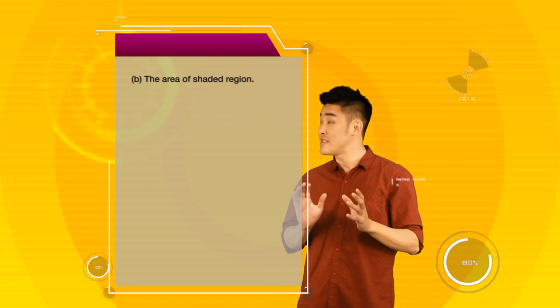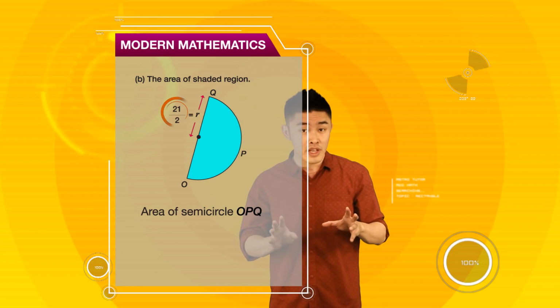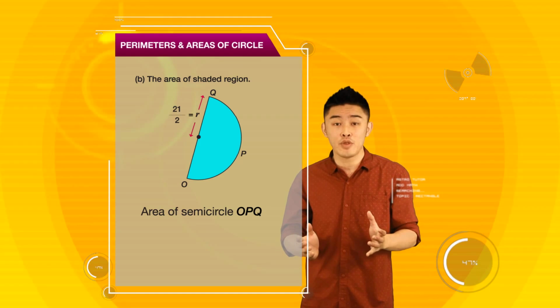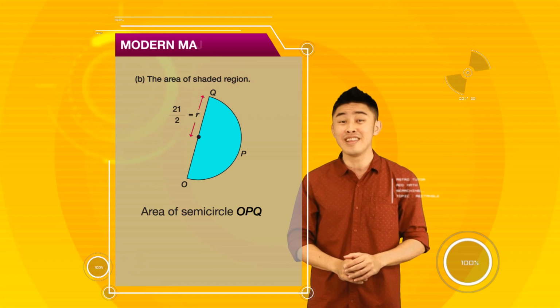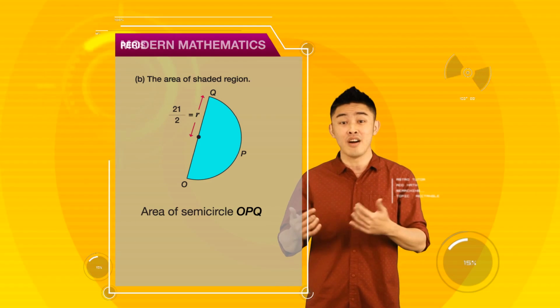Now, as for the semicircle of QPO, the radius is 21 over 2 centimeters. Because it is a semicircle, the angle subtended in between is 180 degrees. Now, there are two ways of calculating this area. Either we use the formula that we already know, or we take an alternative.